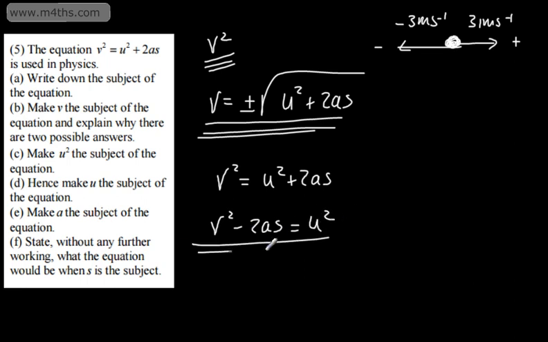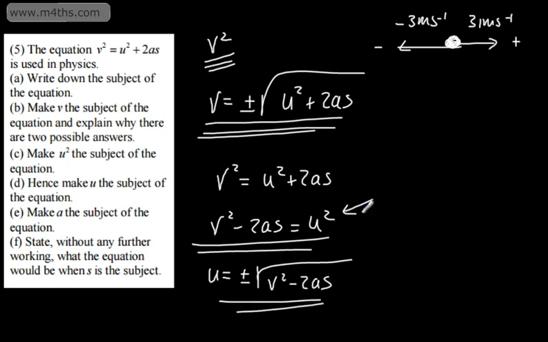And that now is making u squared the subject. Hence, make u the subject of the equation. So in part D, it's telling me to use this, and all we can write is u is equal to plus or minus the square root of v squared minus 2as. As this is a squared term here, I need to take the square root to make u instead of u squared the subject.